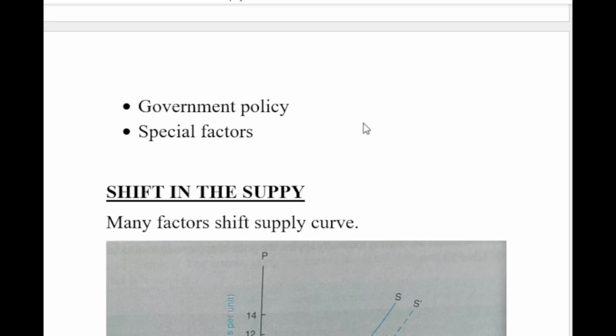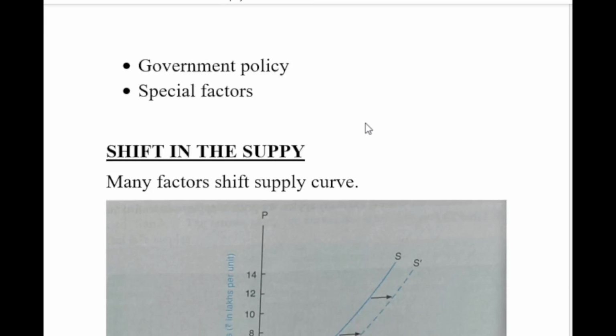So there are certain expectations: if there is an expectation of good rainfall, then there will be a supply of more rain-related crops. So this is the special factor that influences the supply curve.